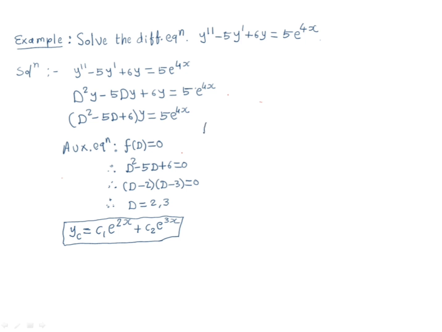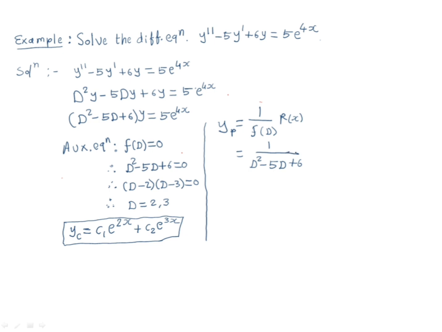Okay. Now the next part of the solution is yp, which is the particular integral, and the formula for yp is yp equals 1 upon f of d into r of x. We have f of d as d square minus 5d plus 6, so d square minus 5d plus 6 will be here.